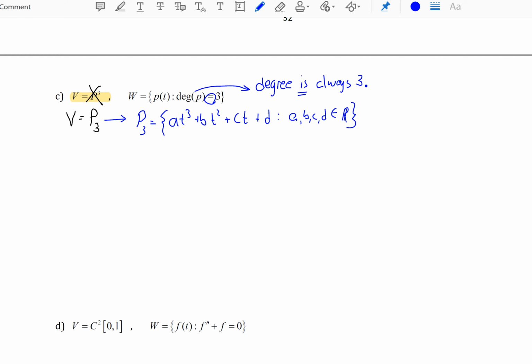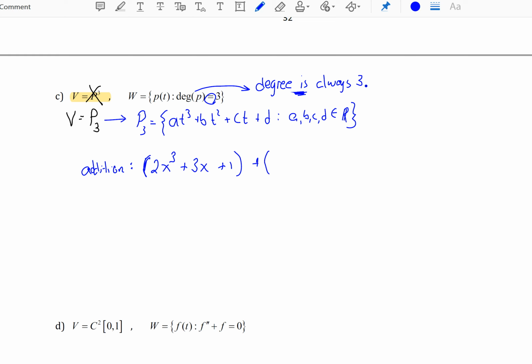So let's consider vector addition for a moment. And let's imagine adding two polynomials together. Maybe a first polynomial could be 2x cubed plus 3x plus 1. This is an element of W. It's a polynomial where the degree is 3.